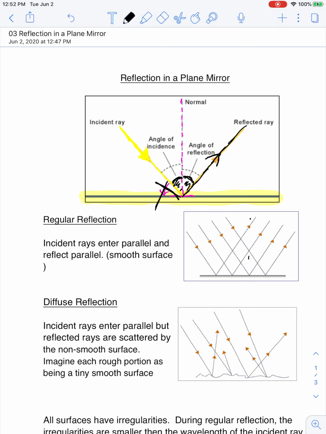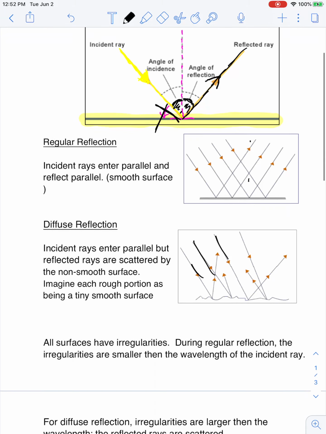Diffuse reflection is what happens when the mirror, or the reflective surface, has rough portions. You will get light rays coming in, and they could all be parallel, like in this case, but they're all bouncing off in different directions because of irregularities in the surface they're reflecting off of.